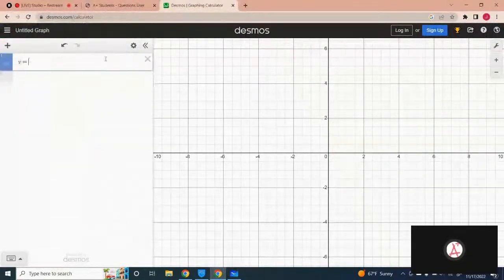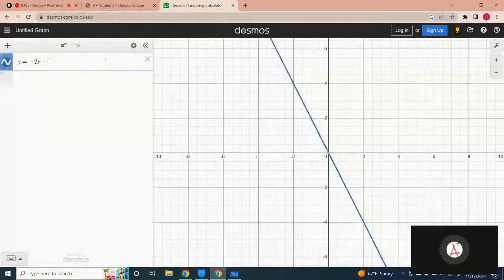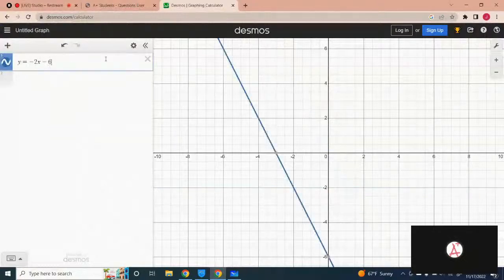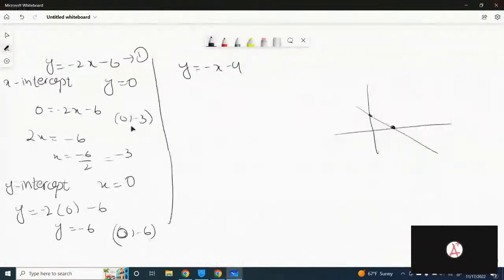y equals -2x - 6. Just look at these two points. The graph is touching the x-axis at (-3, 0). You can see the point, that's the one we found here. Sorry, I had written x is -3.